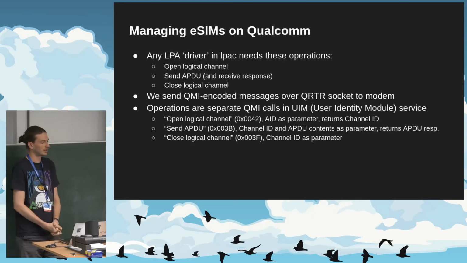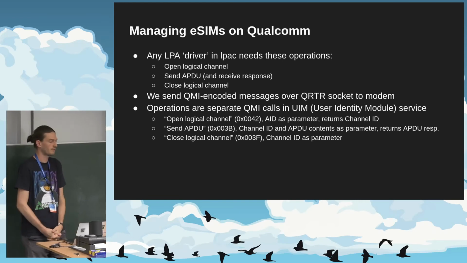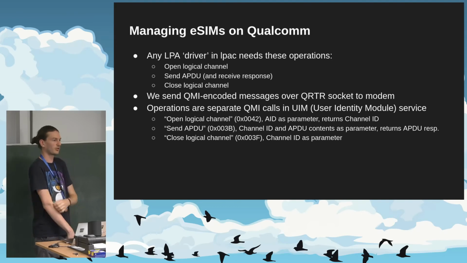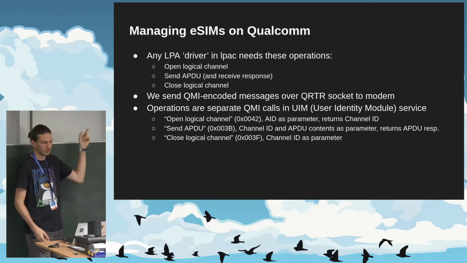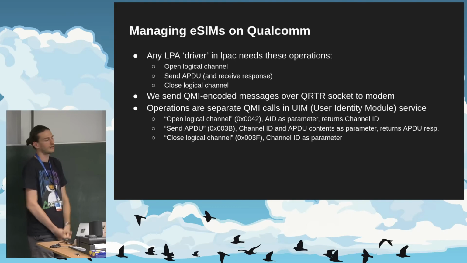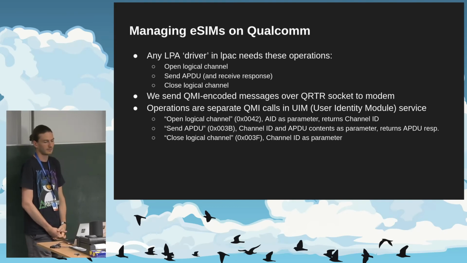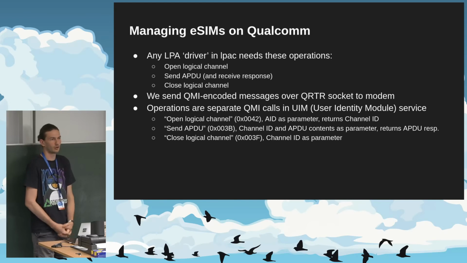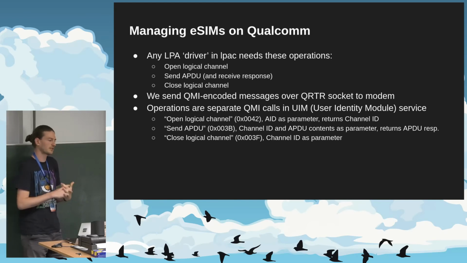For these QMI calls, without having any source code for this, you won't know which format these QMI calls are in: open logical channel, send APDU, and close logical channel. But fortunately, Chromium OS already has an open source, or at least reasonably open source, implementation of a local profile assistant, and they have already implemented at least 2 of these 3 operations.